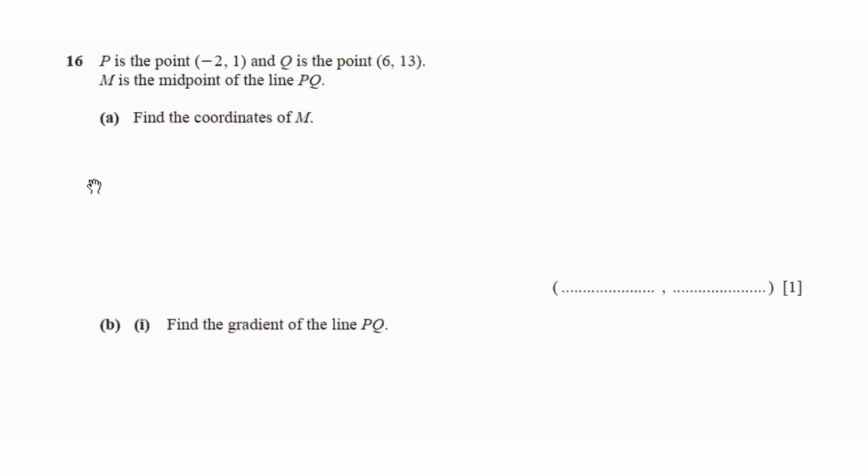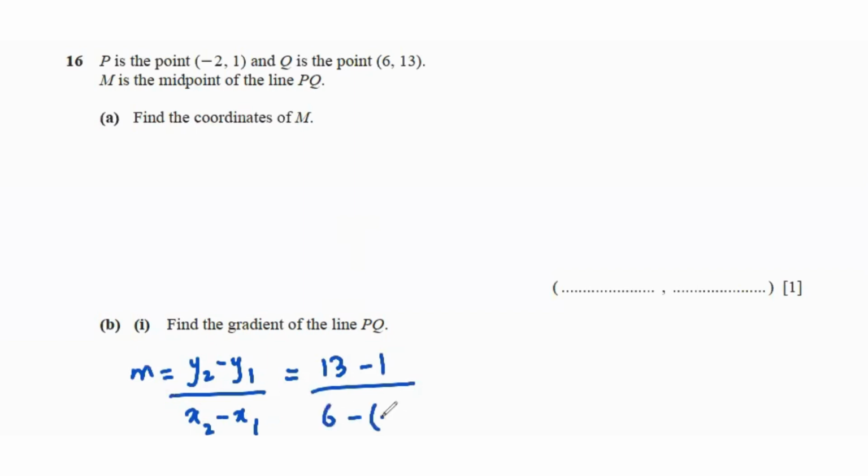Find the gradient of the line PQ. m equals (y2 minus y1) over (x2 minus x1). This is the formula for the gradient. So we're going to do (13 minus 1) over (6 minus -2). Now there's no restriction on which coordinate is x1 or x2. Basically, you have to make sure that if you pick a coordinate, let's say I pick Q, so Q was my x2 and y2, hence P would become my x1 and y1.